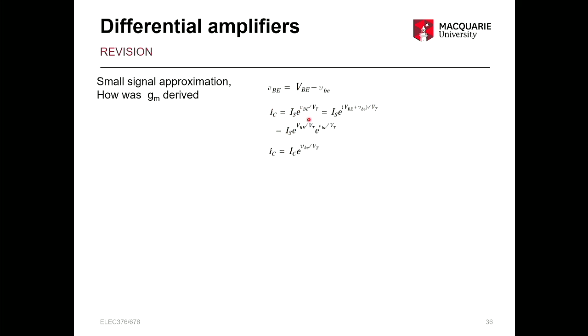It's got the large VBE. So we can separate that one out and just call that IC. We can use the exponential approximation to simplify that. And then we can just get rid of the brackets.